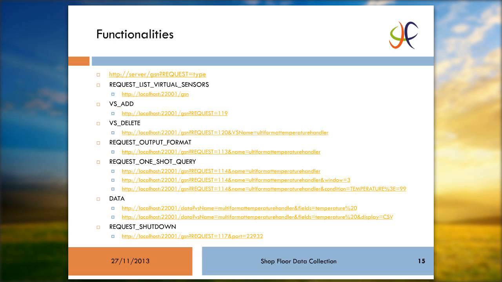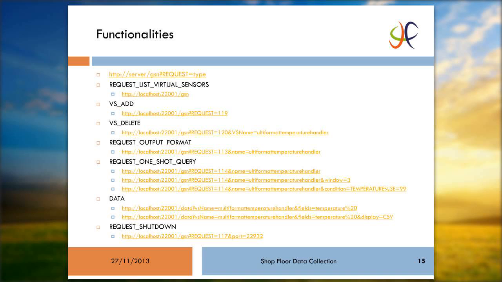With this HTTP link, you can list all the virtual sensors that have been uploaded in the server. You can add a new virtual sensor with a request that is number 119. You can delete the virtual sensors. You can request the output format for each virtual sensor by providing the name of the virtual sensor.